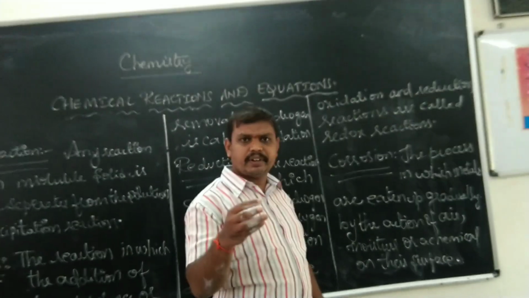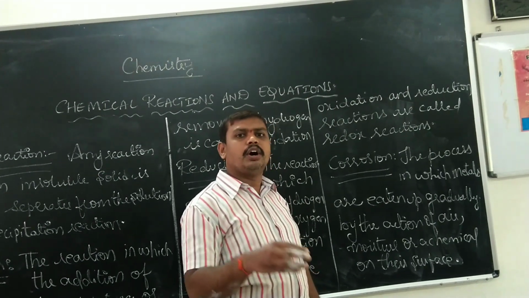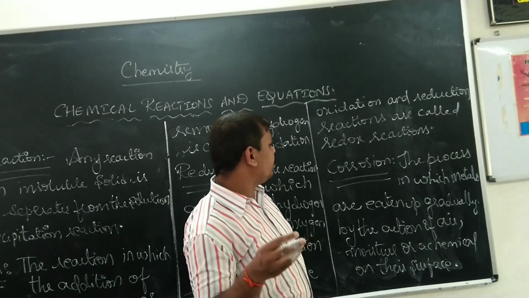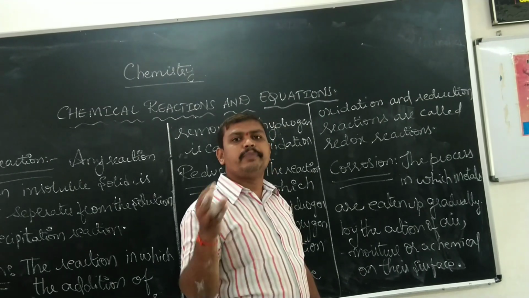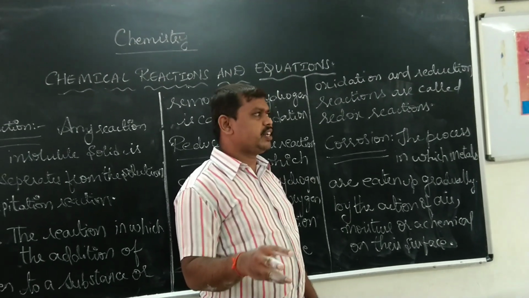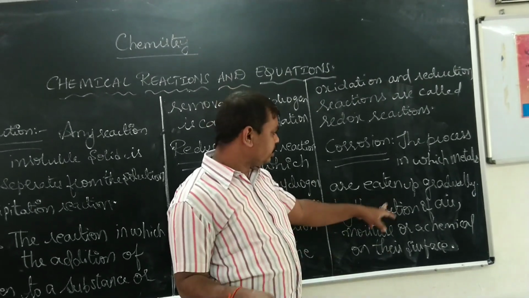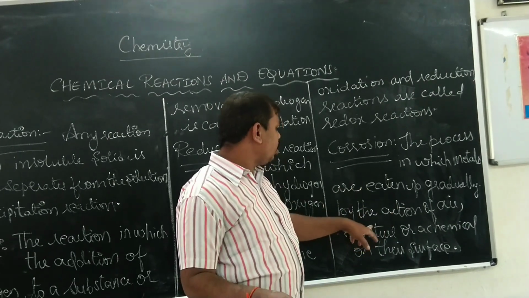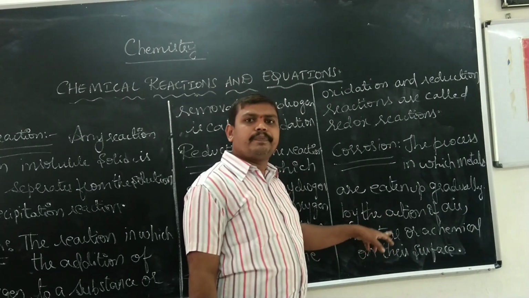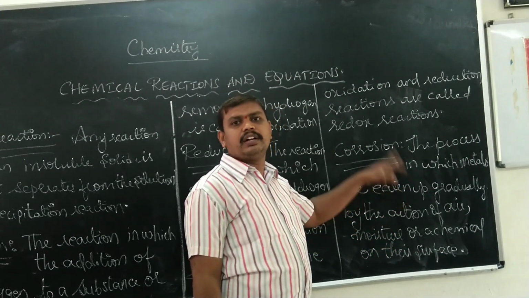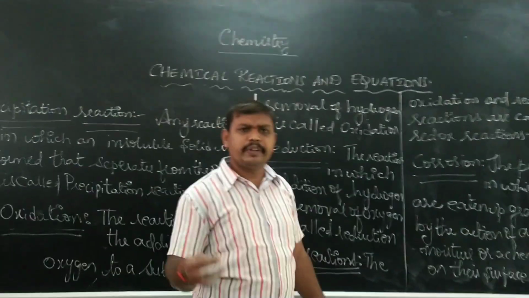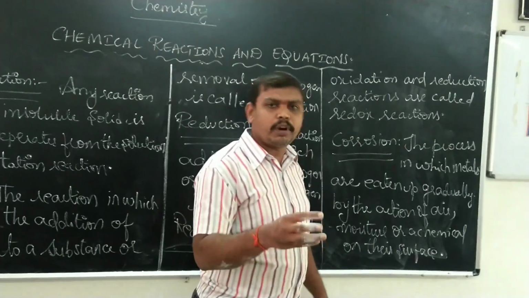That means whenever chemicals are sprayed on metals, or they are subjected to air, they get spoiled. They are not going to remain in a permanent state. That type of process is termed corrosion. Simply, the metals are getting spoiled.